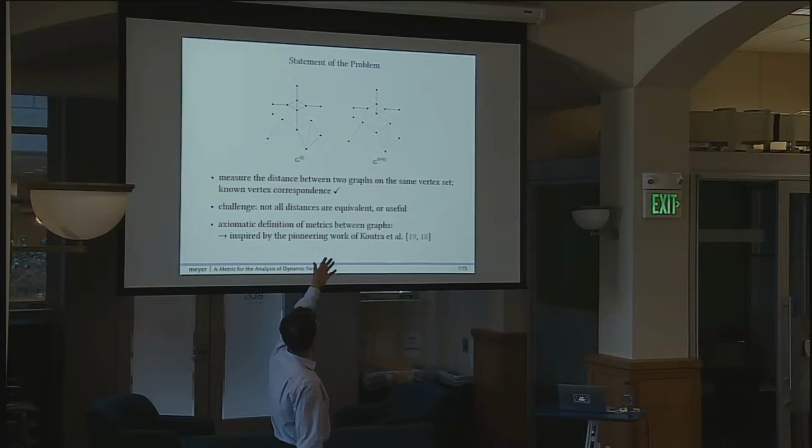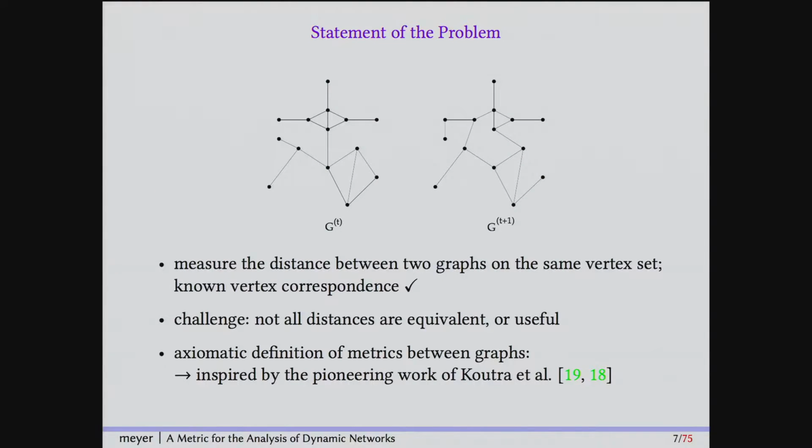So if you're looking, for instance, at those two examples here on the left, you have the same set of vertices, nodes. And what happened is some of the edges have changed. Edges appear, they disappear, and the question becomes, is it significant?